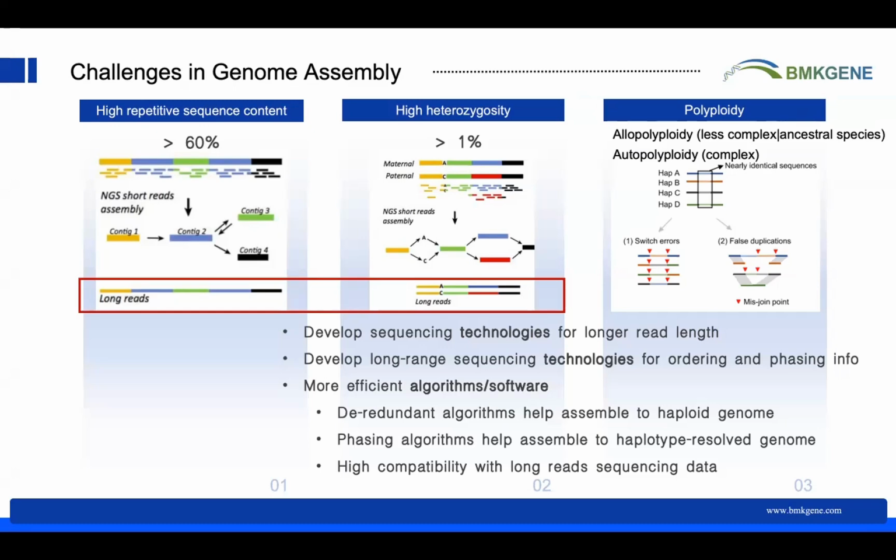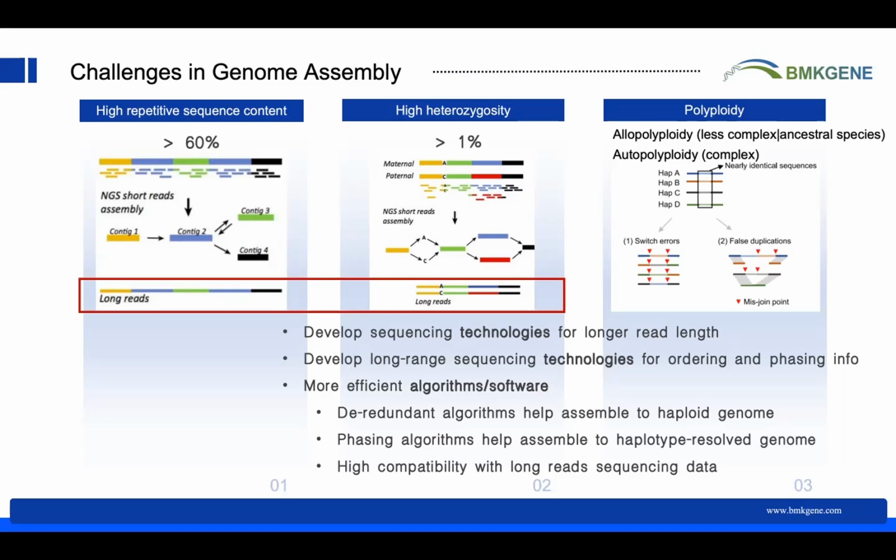You can see here, I show that if there are repetitive sequence fragments like the blue one, when we do the assembly, since the sequencing read is shorter than the repetitive sequence length, the contig tool could not decide which one is being connected to this contig, like whether the blue one is next to the green one or next to the blue one. So this causes difficulty in assembling high repetitive sequence content genomes.